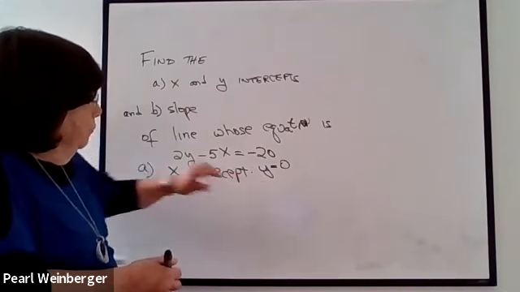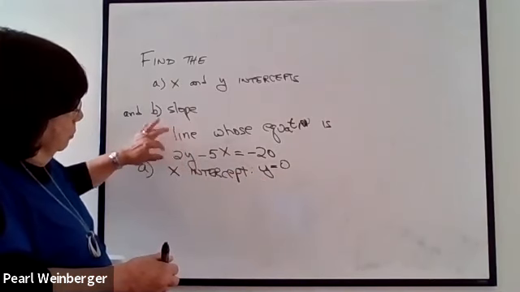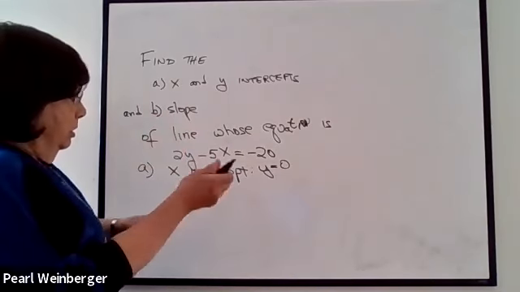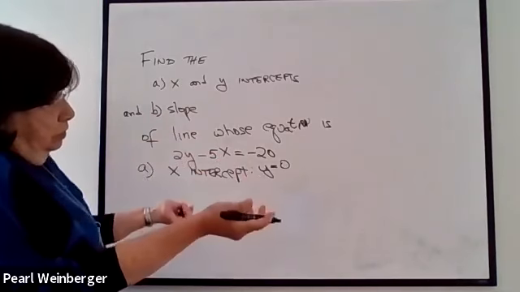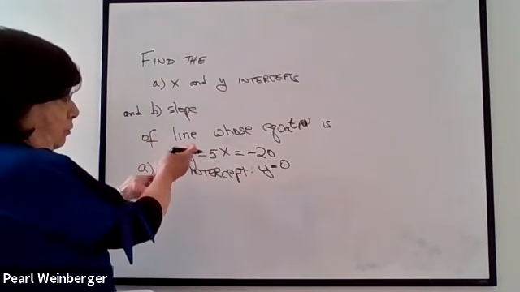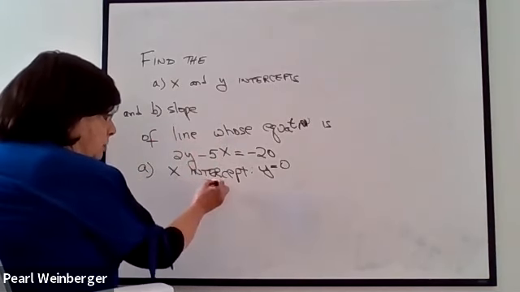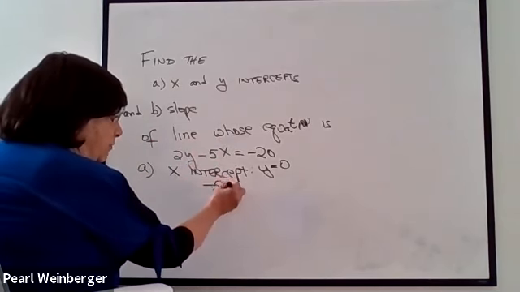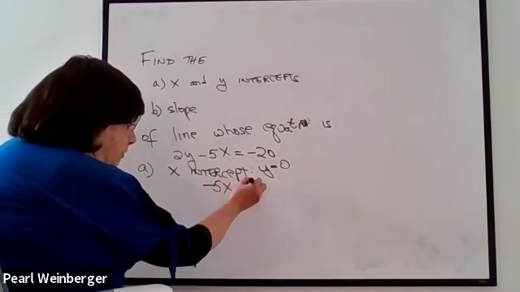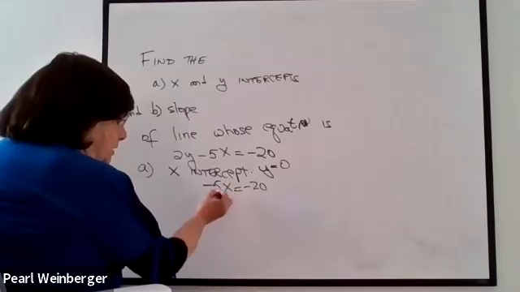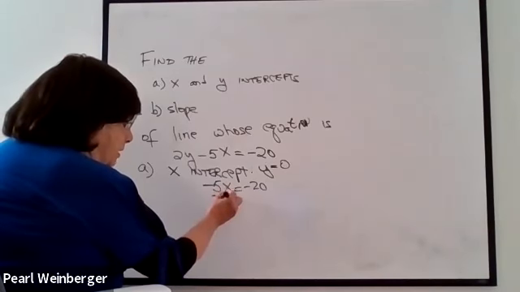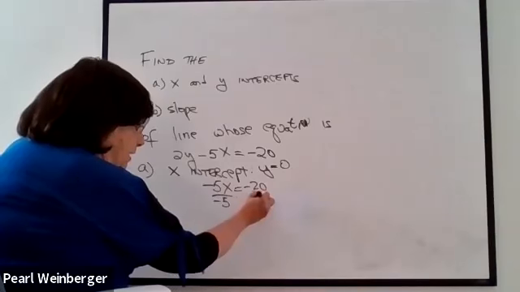Okay, so if we replace the y with 0 in this equation, remember 2 times 0 is going to be 0. Any term that has a y in it just disappears. So all I'm left with is negative 5x equals negative 20, which we can solve easily by dividing by negative 5.